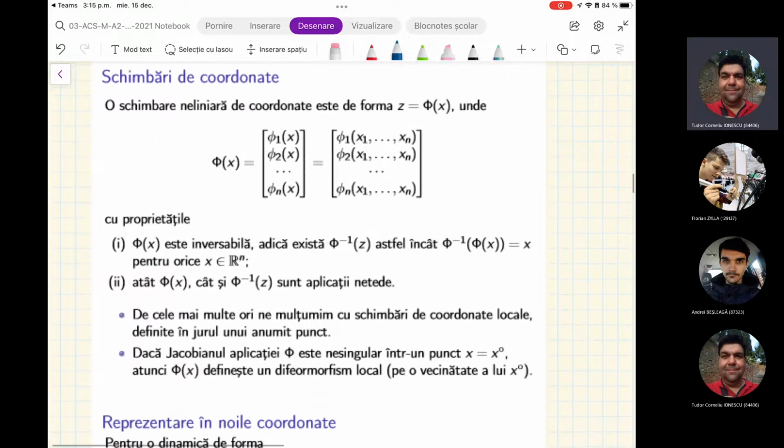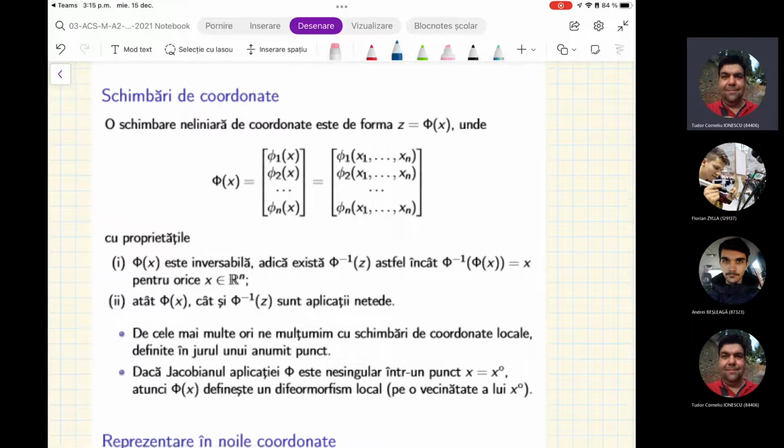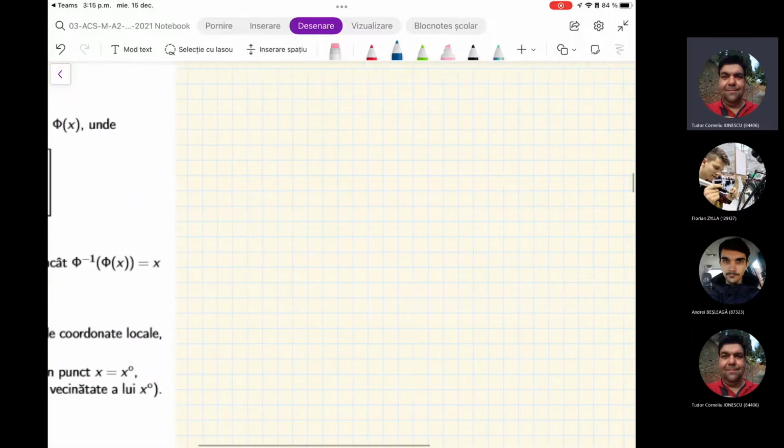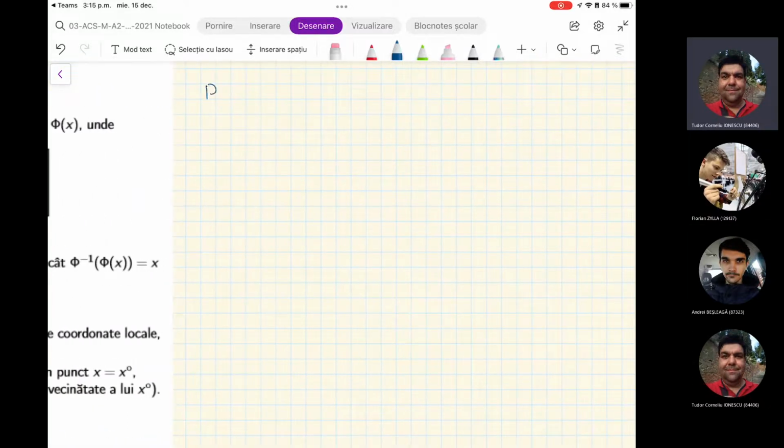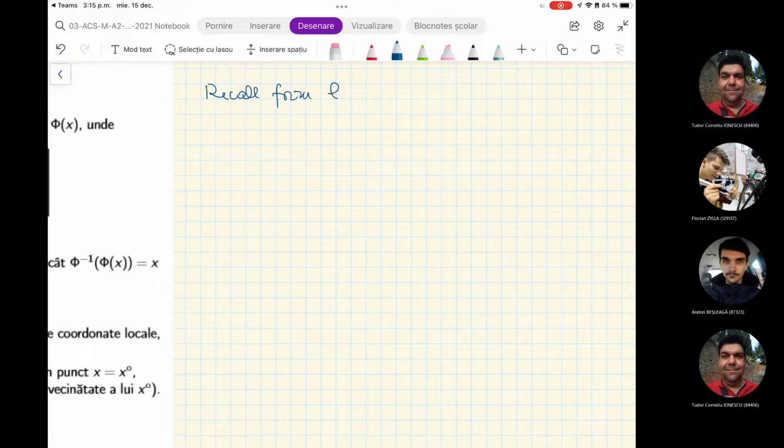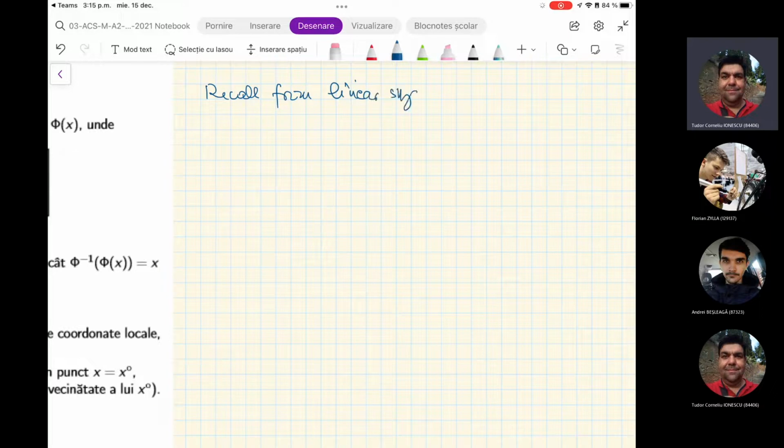And now we also have to introduce the so-called change of coordinates. So recall from linear systems, you had x dot is Ax plus Bu and y is Cx.